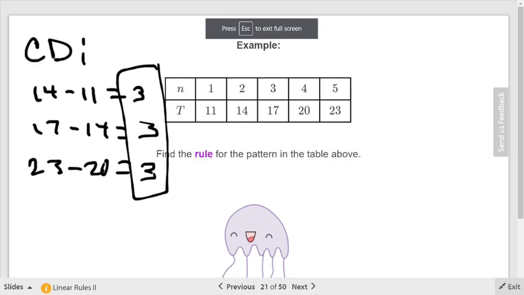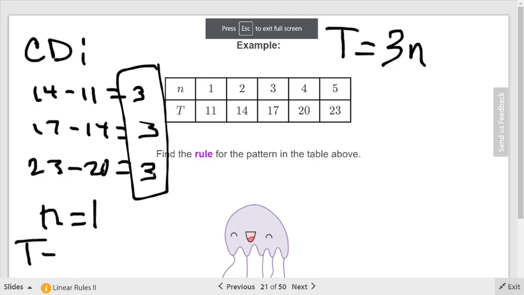So we know that t equals 3n is the first part of our pattern. But we need to see if it's all of our pattern. And the way we find that is by testing. And what do we always test? n equals what? 1. It's the easiest one to test. Always just use 1. So t equals 3 times 1 gives me t equals 3.